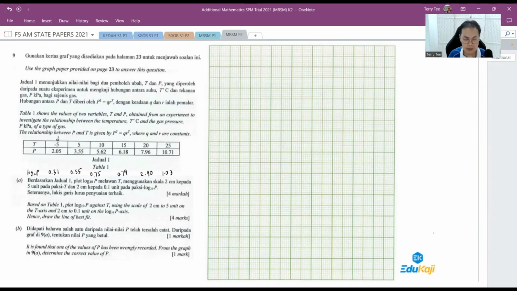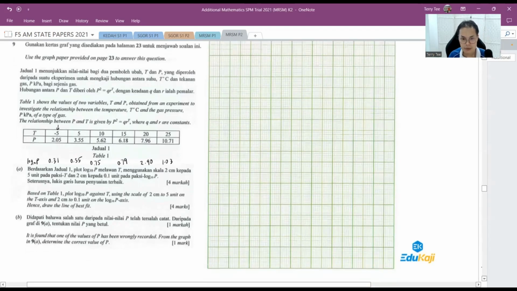So you will need a -5 on the left-hand side here. So let me move this up a little bit. Yeah, this is -5 here. All right. Maybe I put 0 here. 5, 10, 15, 20, 25. Largest is 25.